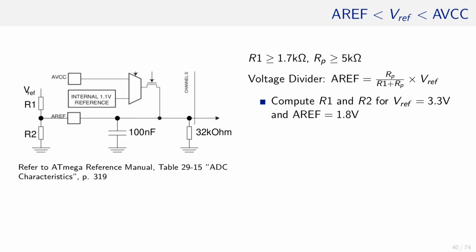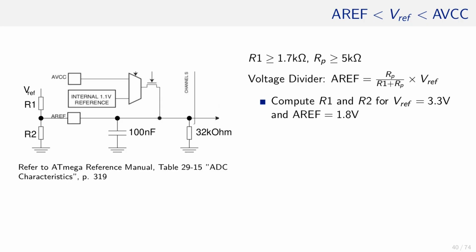Okay, so far we know that R1 needs to be larger than 1.7 kilo ohm and RP larger than 5 kilo ohm to meet the current requirements, so that in no configuration more than 1 milliamp goes through the pin.